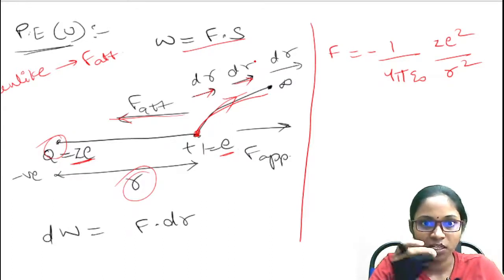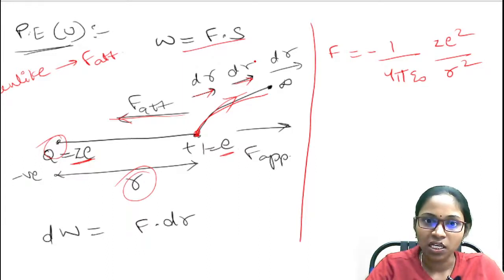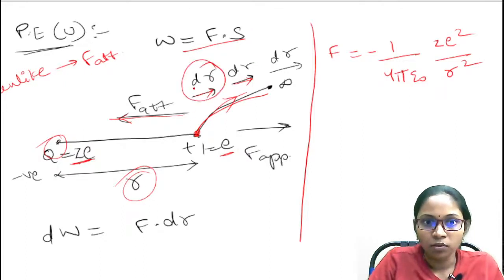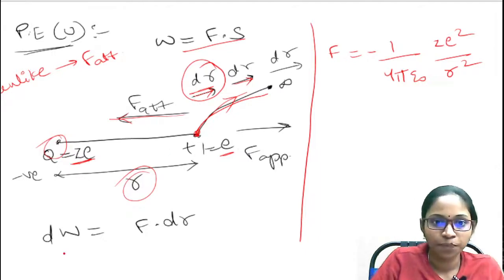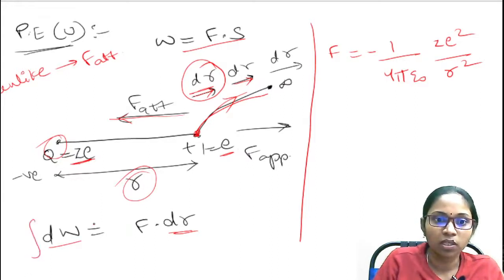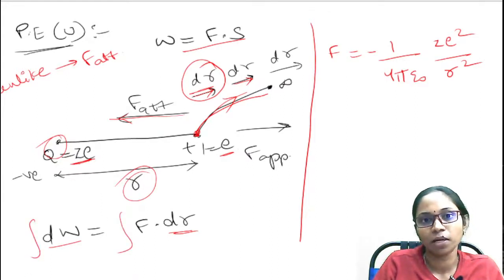Initially I am finding out the work done for a small displacement dr, for which we have a small work done dw. To find the total work done, I have to integrate this formula.